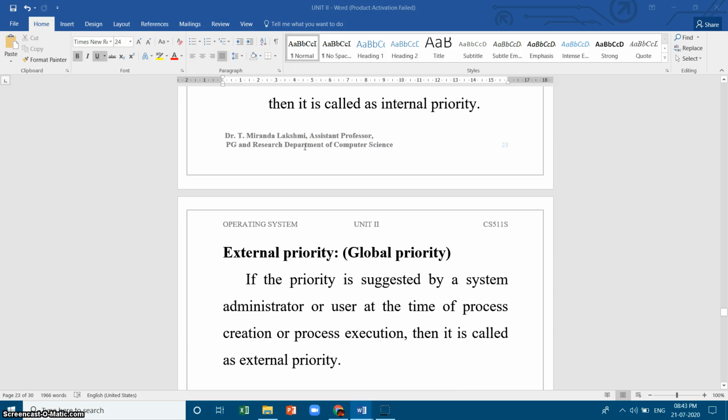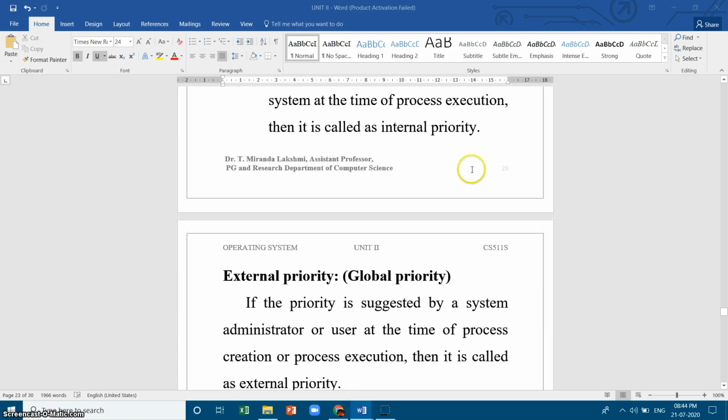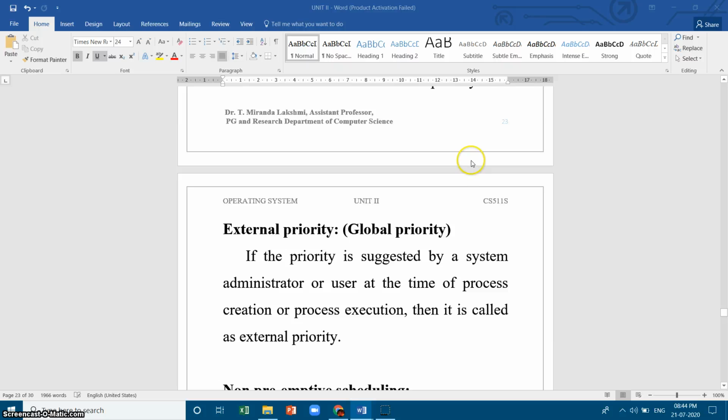For external priority, if the priority is given by the administrator or by the user at the time of process creation, then it is called external priority, or you can say global priority. So if the priority is given by the system, that is your operating system, it is called local priority. If the priority is given by the administrator, then it is a global priority, or we can say external priority.